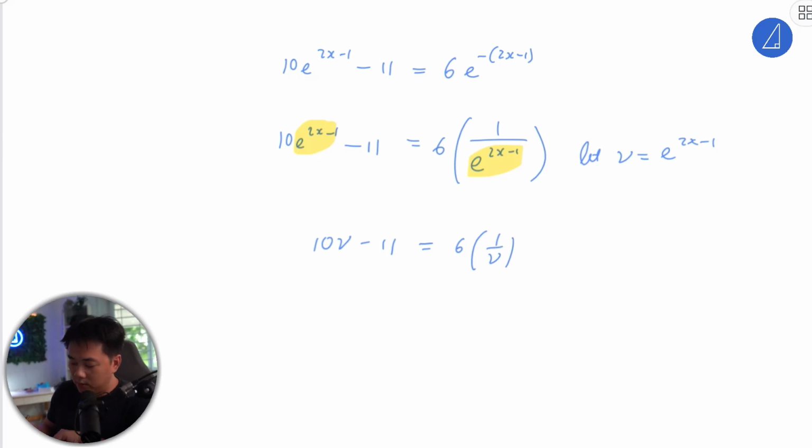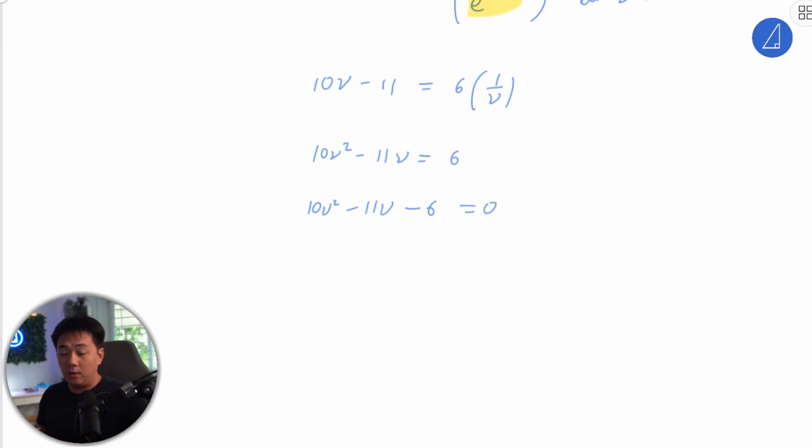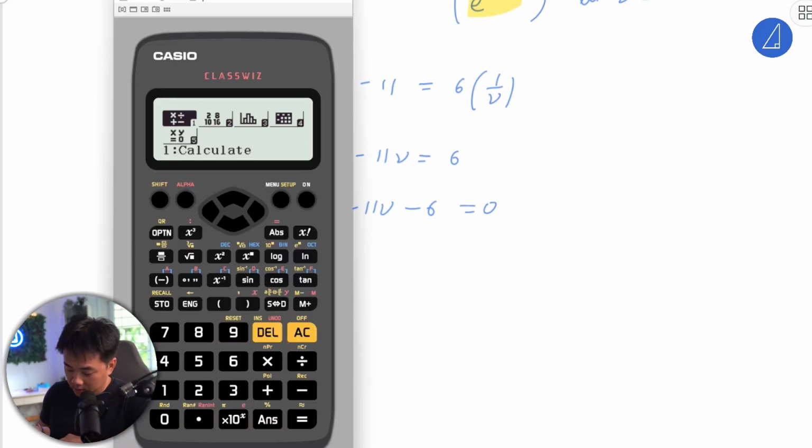Then it will be reduced to a quadratic equation here. So this is 10v squared minus 11v equals to 6. So 10v squared minus 11v minus 6 equals to 0. There you go. So check with the calculator. Go to 5, then polynomial, simultaneous, then degree 2. What we have here is 10, minus 11, minus 6.